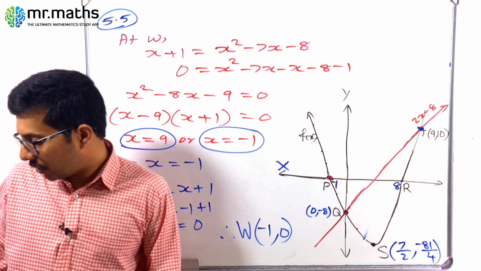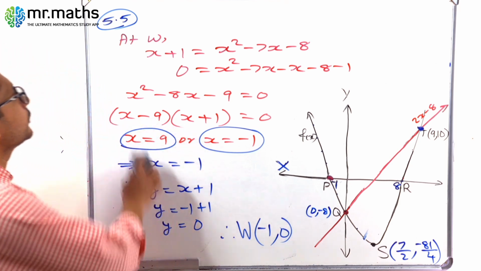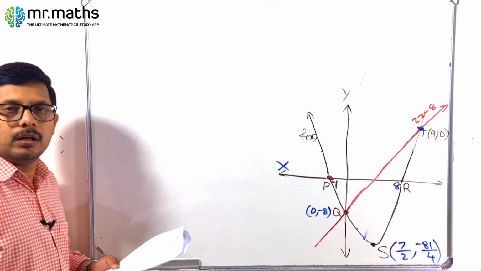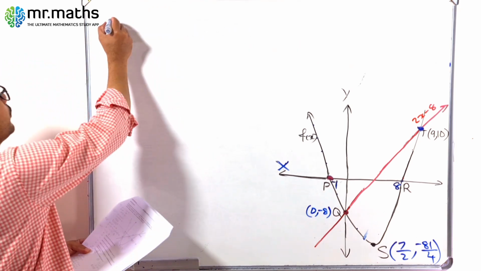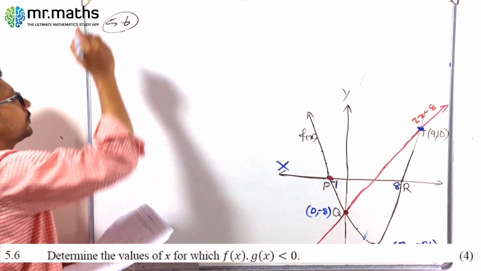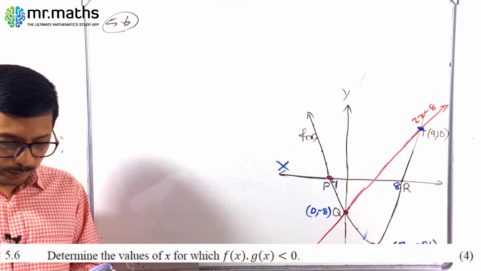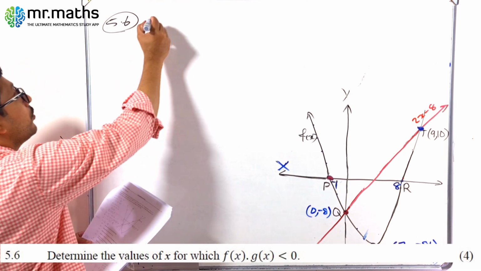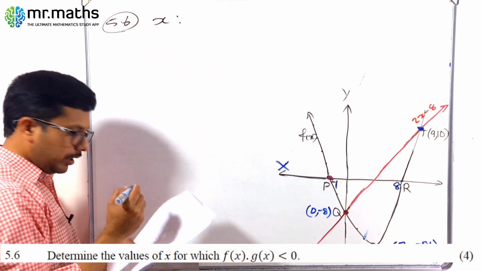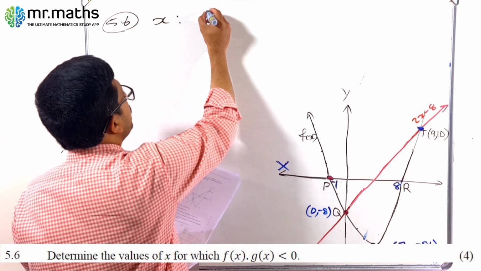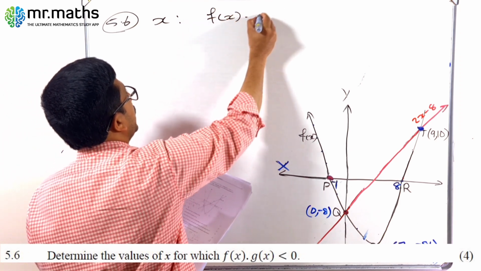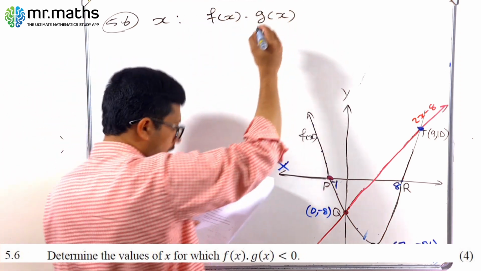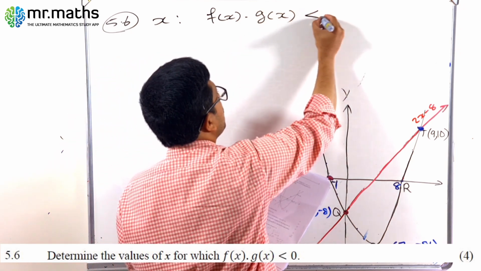Now let's move to the next question, question number 5.6. What is that question? Determine the values of x, where f of x times g of x is less than 0.